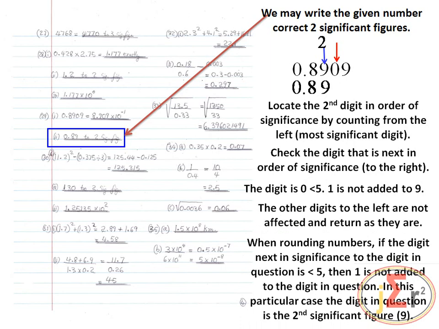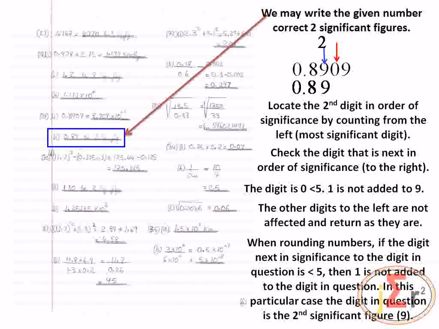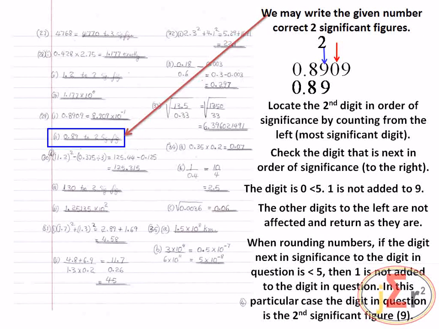When rounding numbers, if the digit next in significance to the digit in question is less than 5, then 1 is not added to the digit in question. In this particular case, the digit in question is the second significant figure, which is the 9. The one in the second most significant position is the one in question.